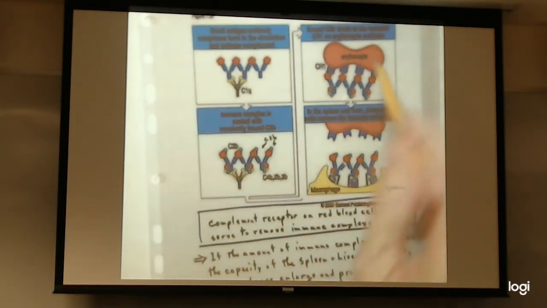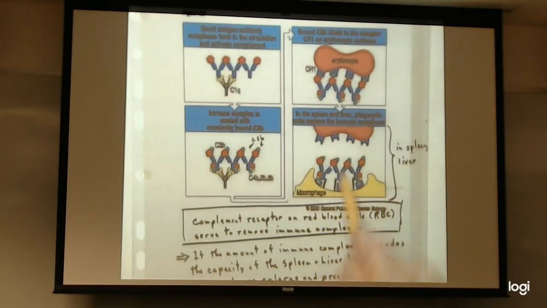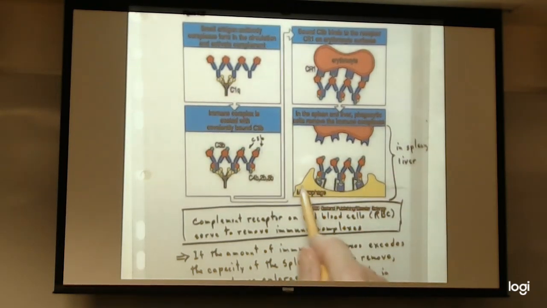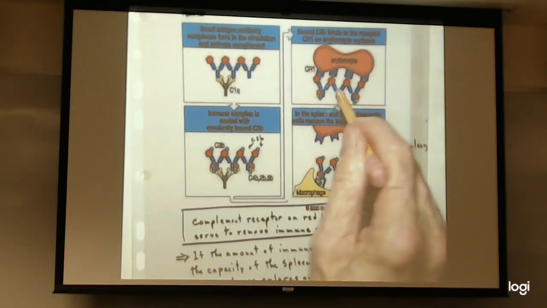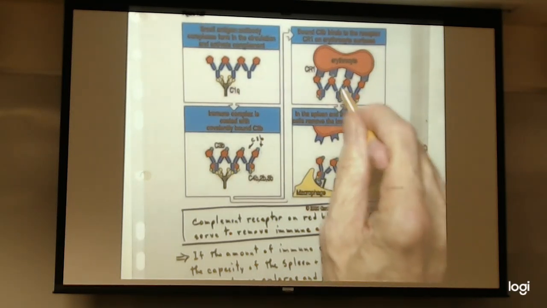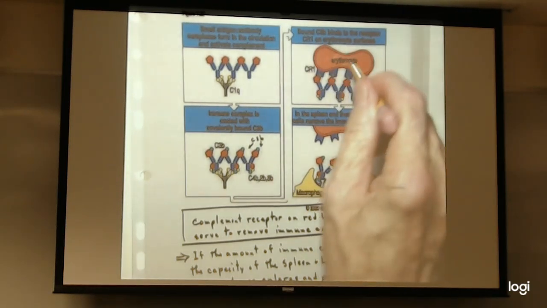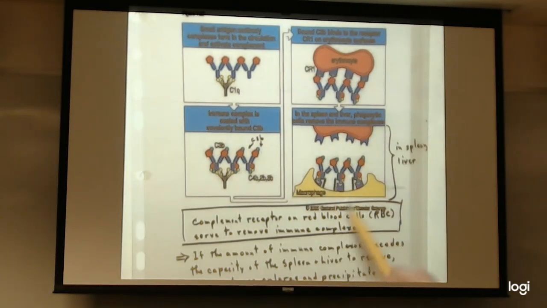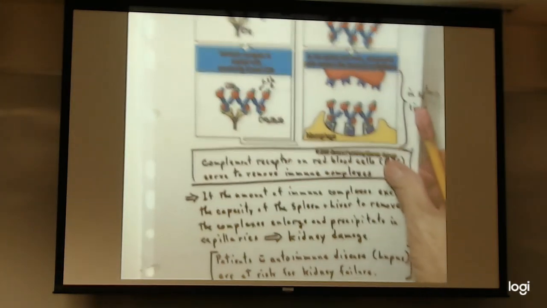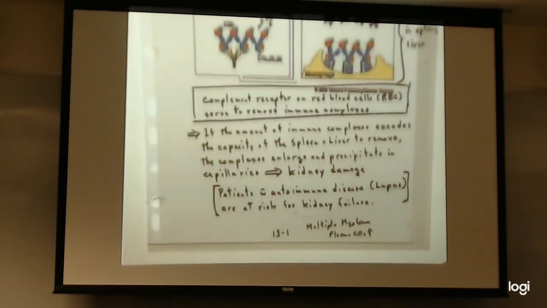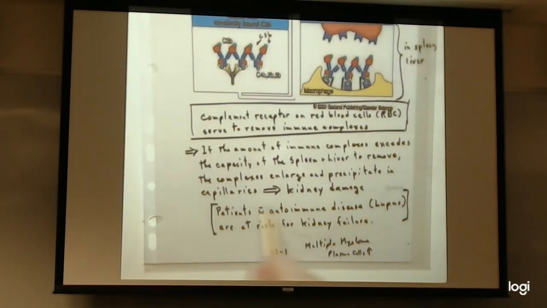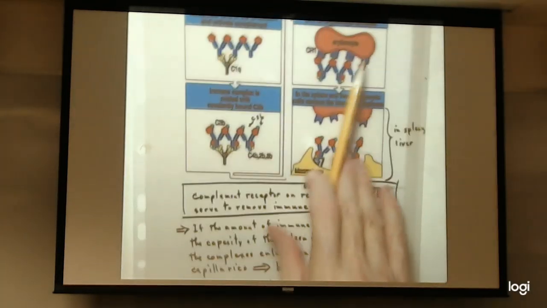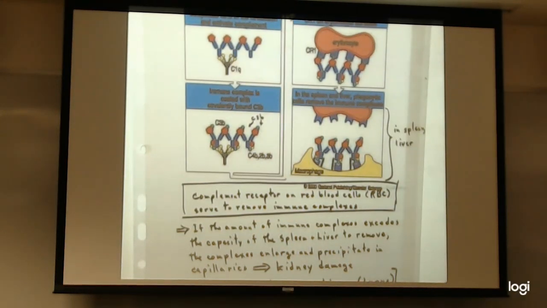And then when the red blood cells pass through the spleen and liver, there are resident macrophages in the capillaries that grab these complement-tagged complexes, essentially pull them off of the red blood cell by the receptors of the macrophage, and then engulf and destroy these large immune complex precipitates. Patients with autoimmune disease like lupus are at risk for kidney failure because you really overwhelm this whole immune complex clearing pathway.